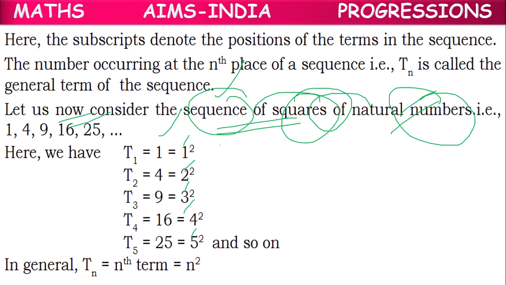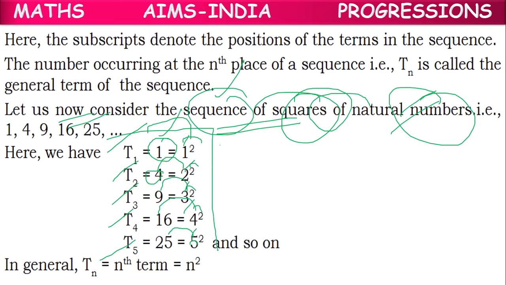Natural number squares means we can write 1 square, 2 square, 3 square, 4 square, 5 square. 1 square value is 1, 2 square 4, 3 square 9, 4 square 16, 5 square 25. So T1, T2, T3, T4, T5 are the terms which are the squares of natural numbers.